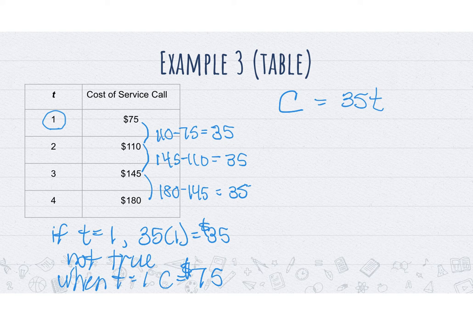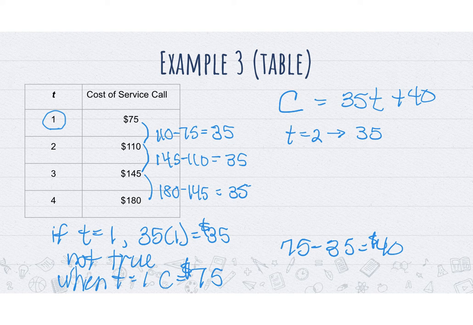So let's check it out. So 75 minus 35, what does that equal? That's $40. So what if I add $40 as my initial fee for just making the service call? And what we're going to do is we're going to check this. So we're going to check and make sure we're right. I'm going to say T equals 2.